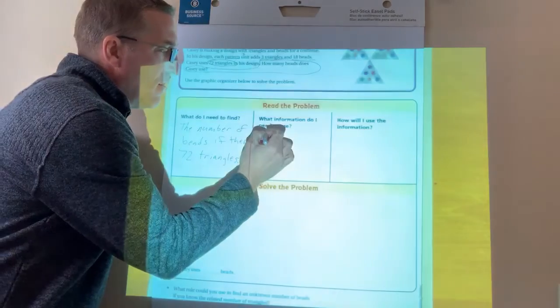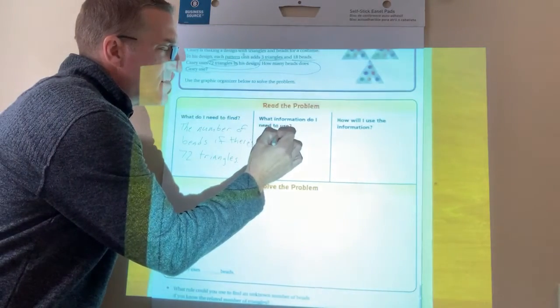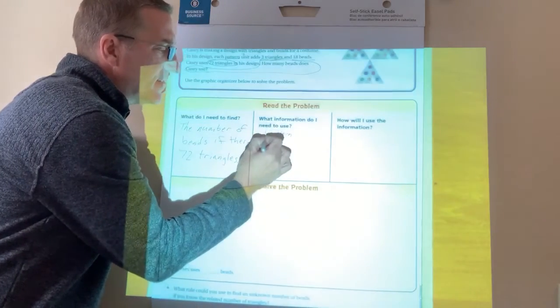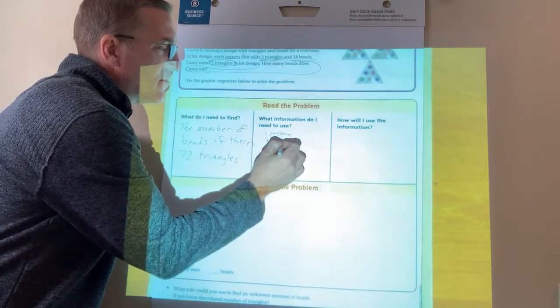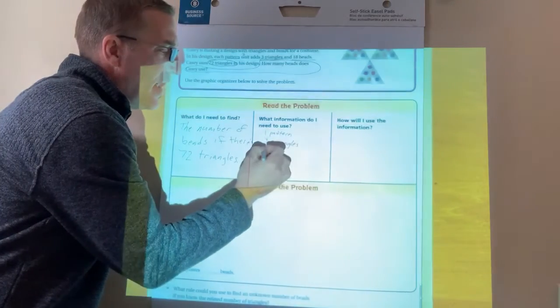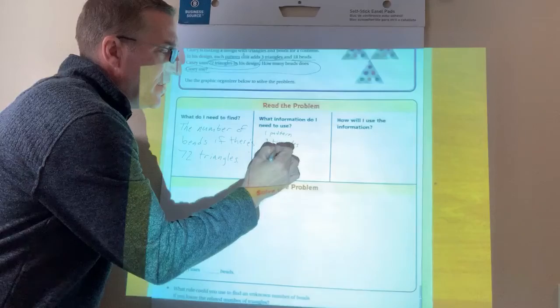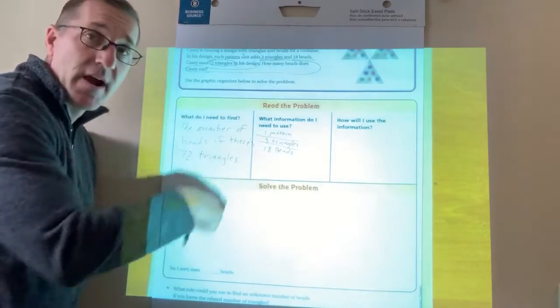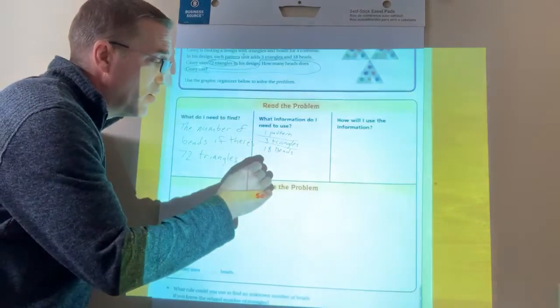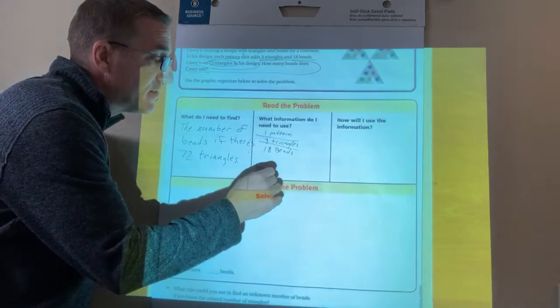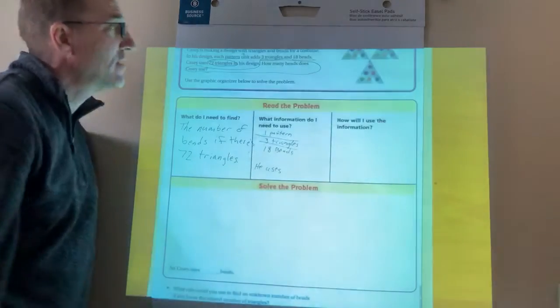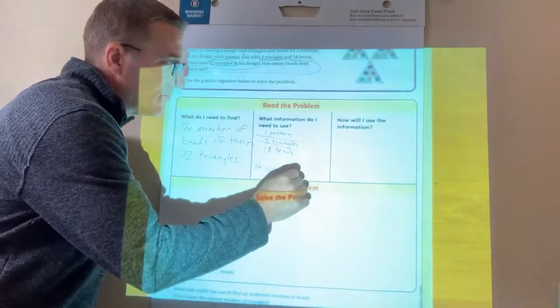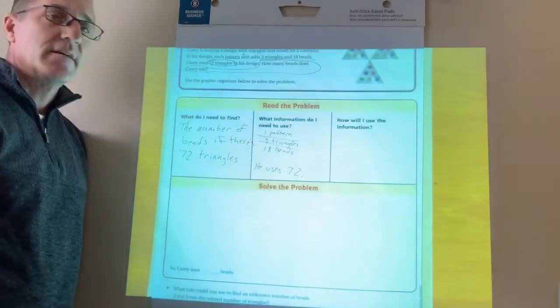I've got one pattern is 3 triangles and 18 beads. Notice that's kind of the start of my table, right, that I'm going to put down here. And also, he uses how many triangles? 72.